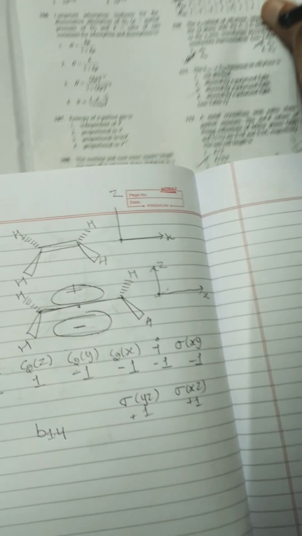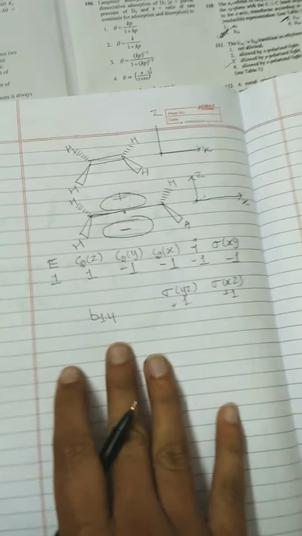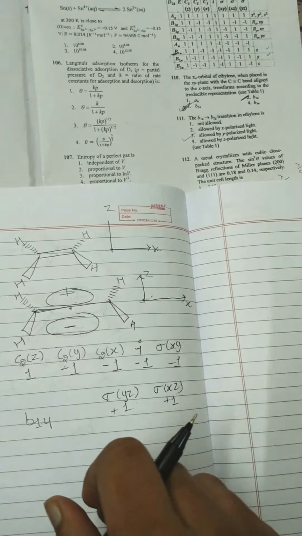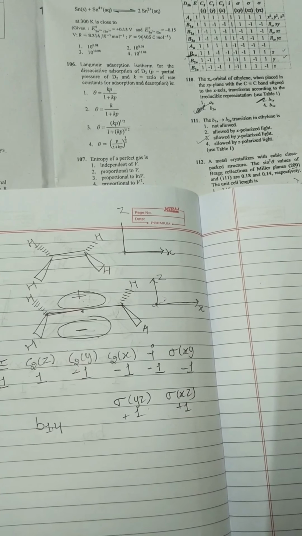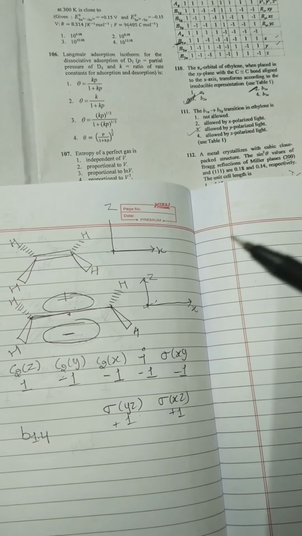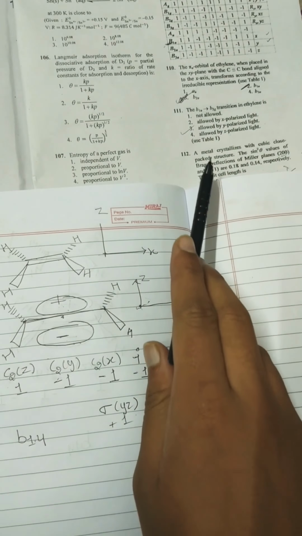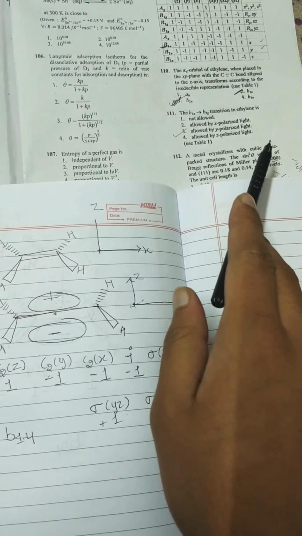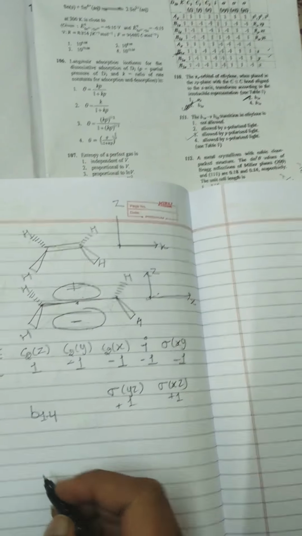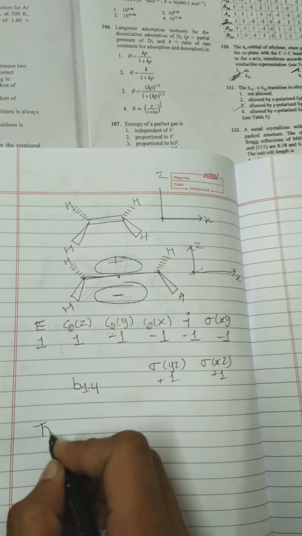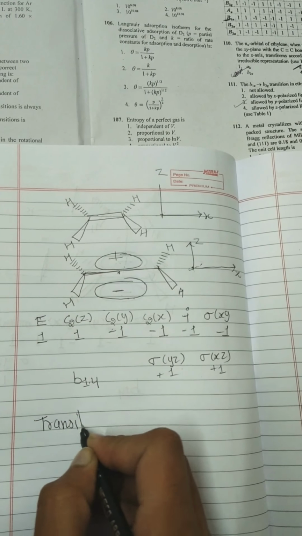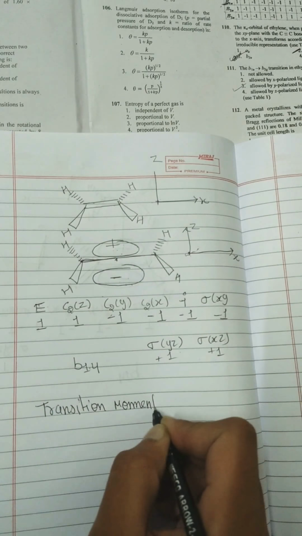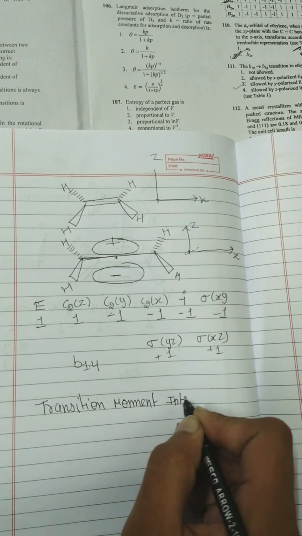Now the second question. This question I mistakenly put the wrong answer because there was some mistake, but for this question I gave the correct option, that it is allowed by z polarized light. How? I will also tell you about the transition moment integral.